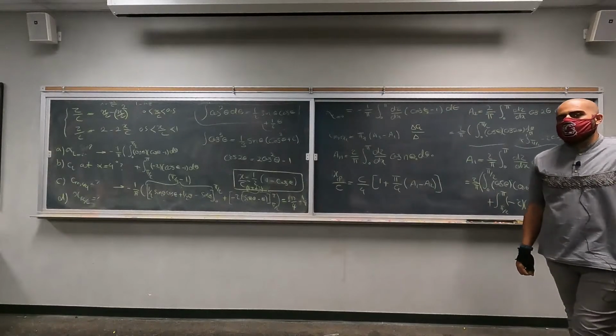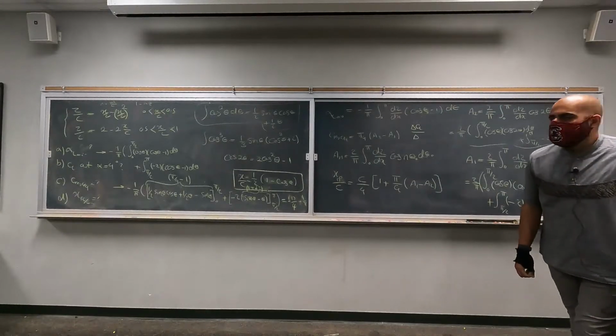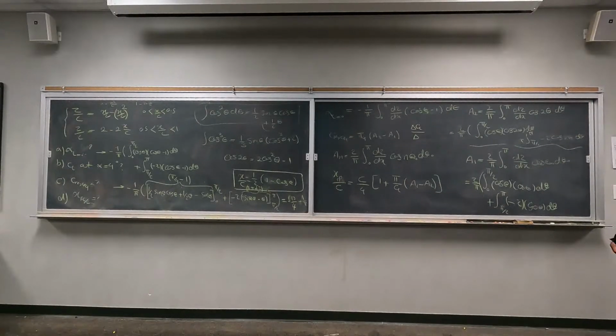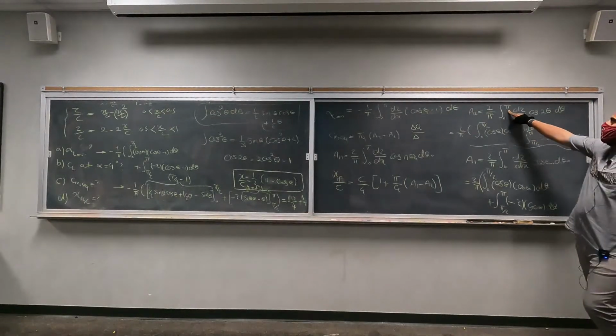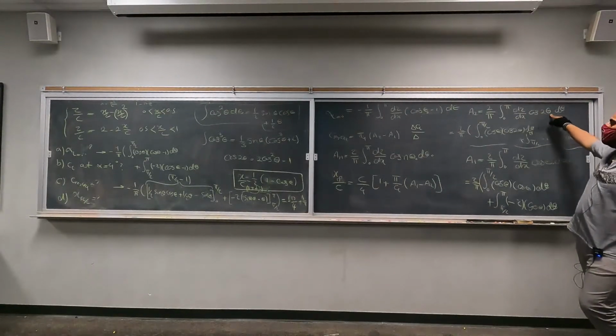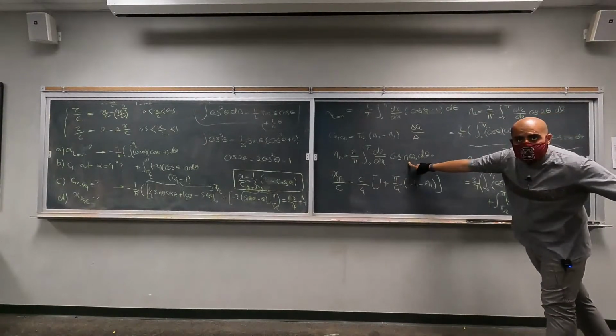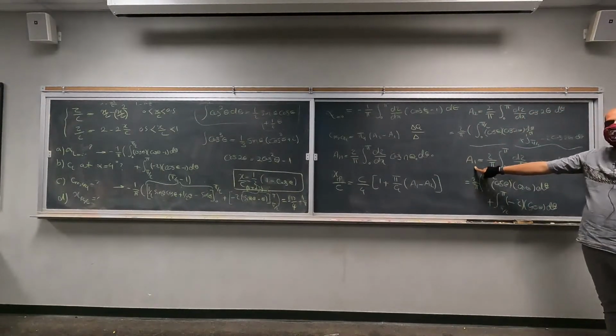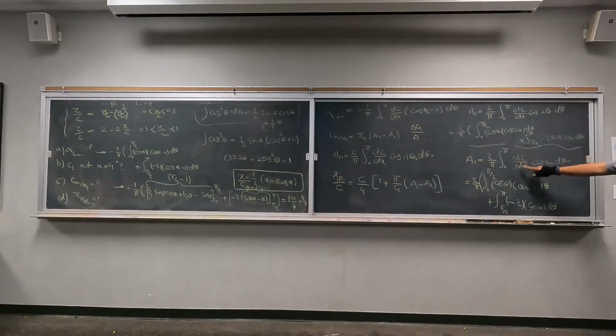Can you repeat your question? Do the formulas for A1 and A2 come out to be the exact same? No. So this one is the integral of 0 to pi dz dx cosine of 2 theta, because n is 2, right? But this one, A1, since n is 1, is the integral of 0 to pi of dz dx cosine of theta.